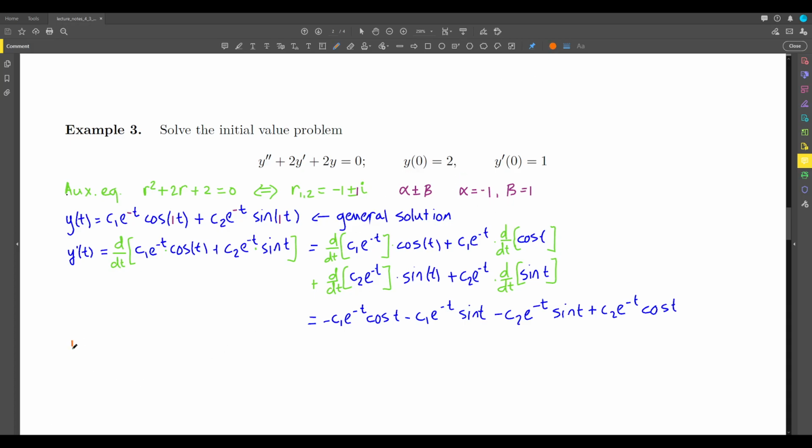So the first initial condition is y of 0 equals 2. So we're going to use this formula here to plug that into.